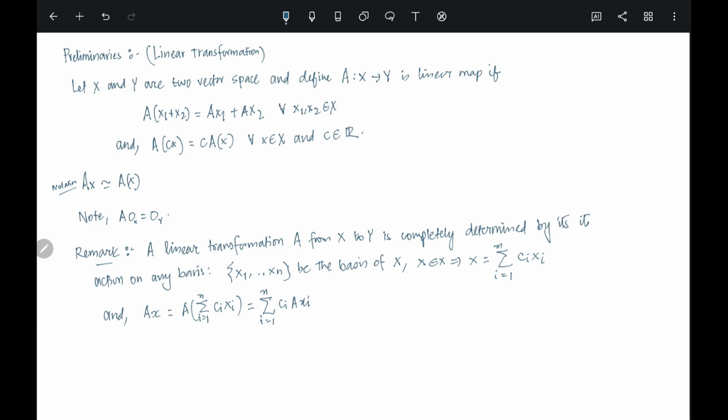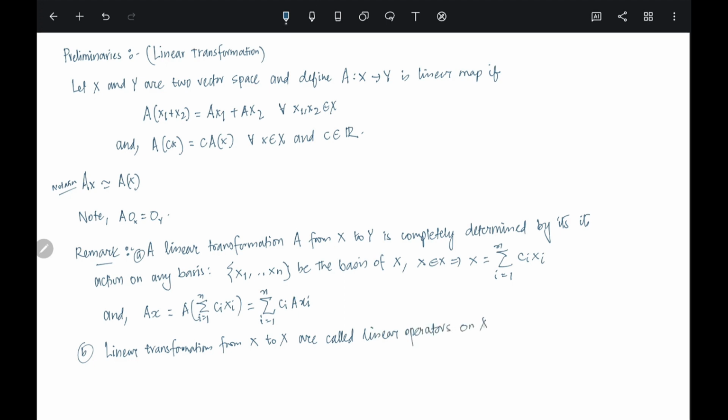Another small remark, remark B: linear transformations from X to X are called linear operators on X. I hope this is clear.